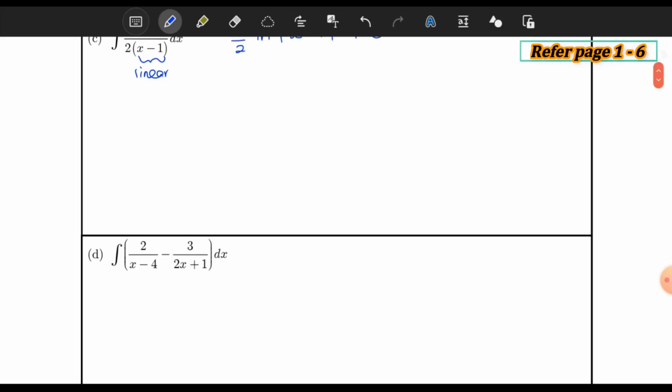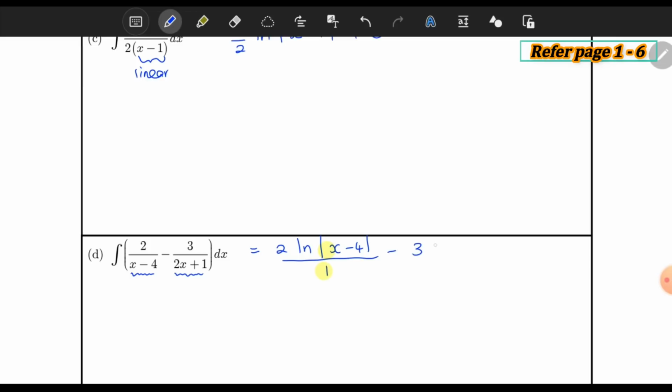Next one, part D. Integrate 2 over x minus 4, minus 3 over 2x plus 1. X minus 4 is a linear function, and 2x plus 1 is also a linear function. The answer is 2 ln x minus 4 divided by 1, since differentiating x minus 4 gives 1.